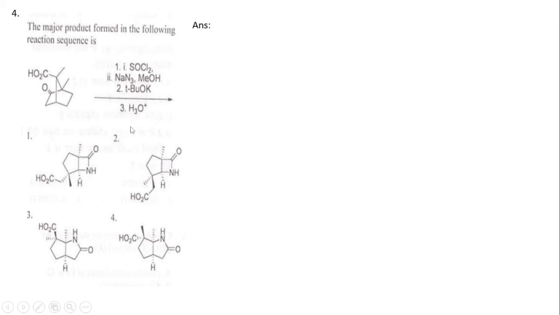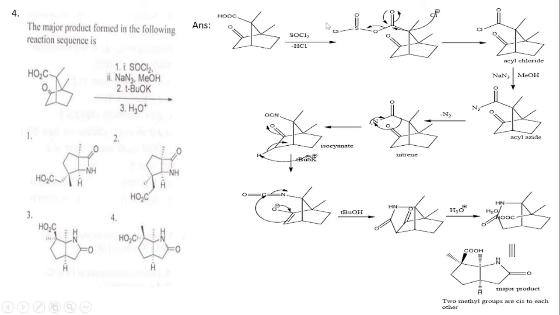Okay, so let's see. Here, sulfonyl chloride will convert this carboxylic acid to the acid chloride. Here you see the acyl chloride. And then they are given sodium azide. This azide ion easily substitutes the chloride ion to form this acyl azide.